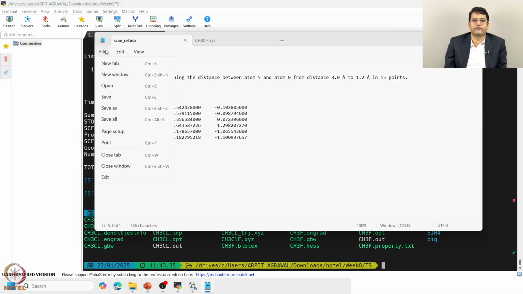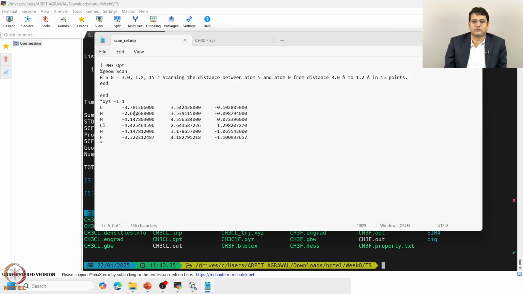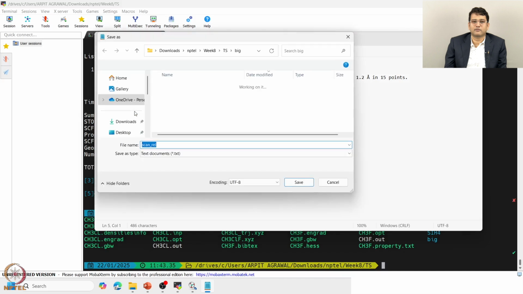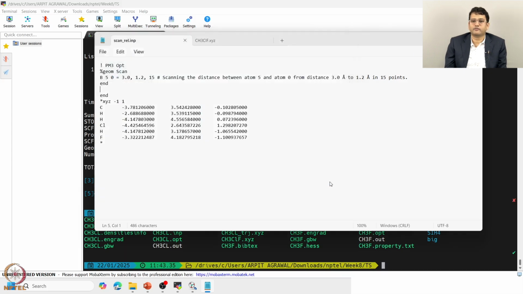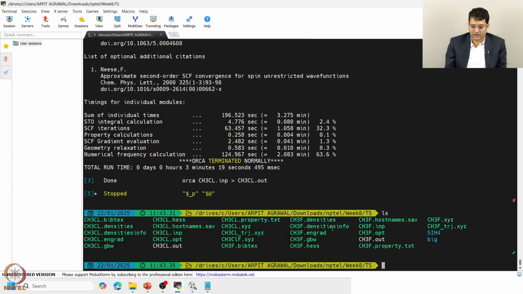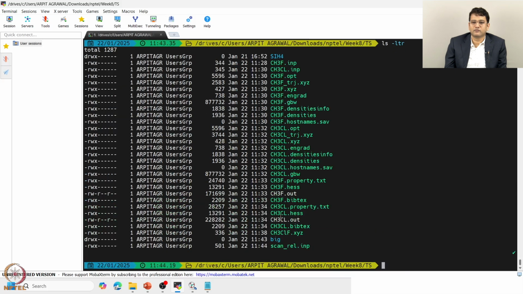Let us see. Sometimes this kind of mistake happens. No, I was saving in a wrong folder. So, this is where I should save, in the folder ts scan underscore rel, all files, and this has to be input. So, this is now here. So, let me run it.